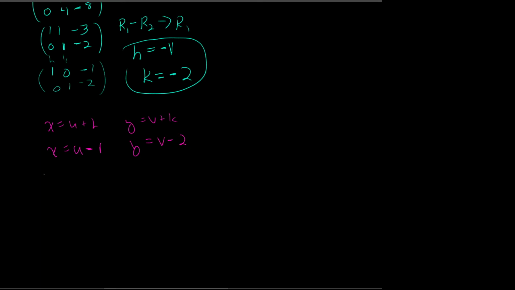And if I do a little switching, U is equal to X plus 1, and V is equal to Y plus 2, if we want to keep track of those.